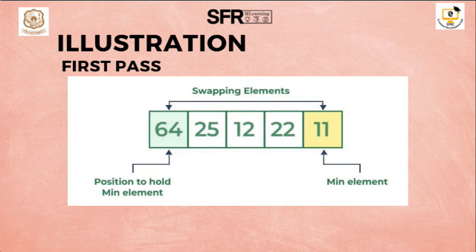The first position is where 64 is stored presently. After traversing the whole array, it is clear that 11 is the lowest value. Thus, replace 64 with 11. After one iteration, 11, which happens to be the least value in the array, appears in the first position of the sorted list.